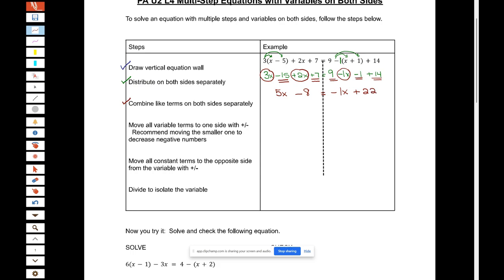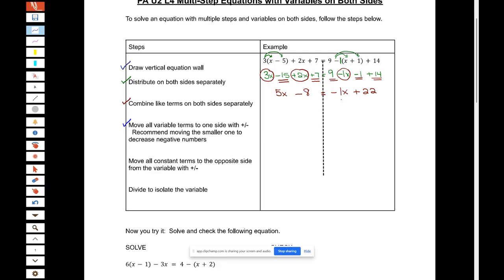So now my equation looks like an equation with variables on both sides, but it doesn't have any other mess. So I just need to go on and do what we did in our previous lesson, which is move all variables to one side with addition and subtraction. I recommend that you move the smaller one to decrease the amount of negative numbers you have to deal with.